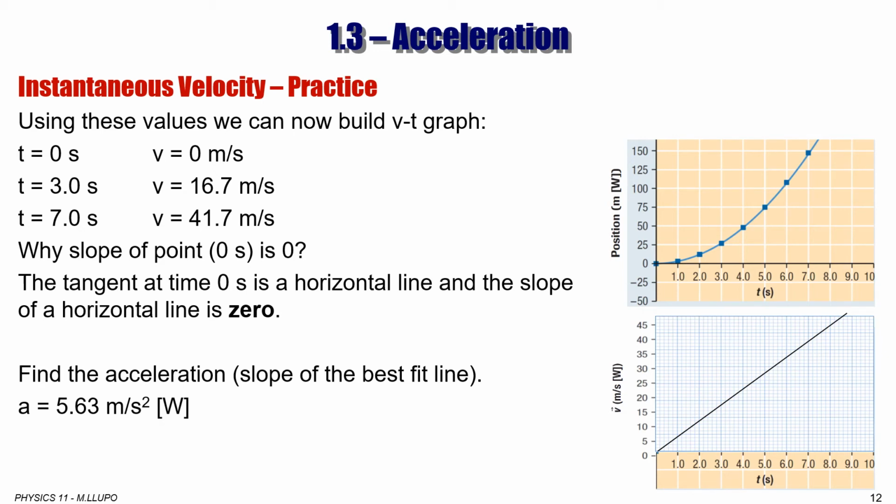Then you plot those numbers, draw a line of best fit, and calculate the slope of that line using exactly the same thing that we did before, rise over run, and that is acceleration. And then you can build an acceleration time graph. We're going to do that later from the velocity time graph, which is going to be a horizontal line at 5.63, which is going to be a positive value. So that's how you do it.